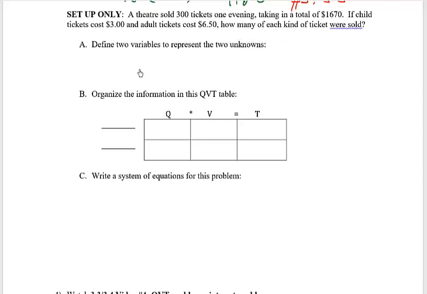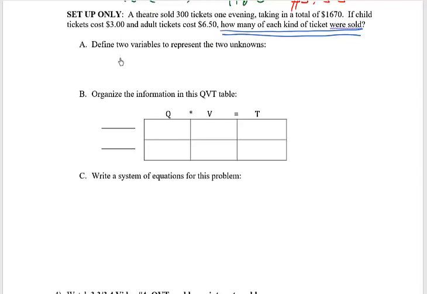Well, if we're going to use algebra to answer this kind of question, we have to begin by defining variables for everything we don't know. You have to go back to the question and really look for, what are you being asked? Here it is, right here at the end. It's a how many question, it's a quantity question. How many of each kind of ticket were sold? In other words, one of the variables needs to represent the number of child tickets, and the other one is the number of adult tickets.